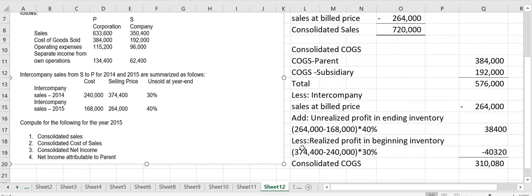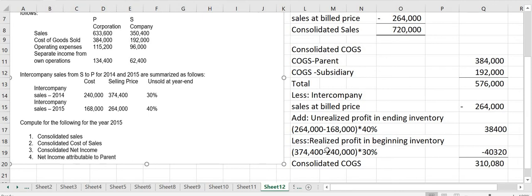And then, we are to add unrealized profit in the ending inventory. So, yung ending natin is based on the intercompany sales of 2015. So, that's actually 264,000 na selling price minus 168,000 na cost. It's actually yung gross profit. So, since may 40% unsold at year end, therefore, may 40% din na markup na hindi pa na-realize. So, you have here 38,400 as the markup.